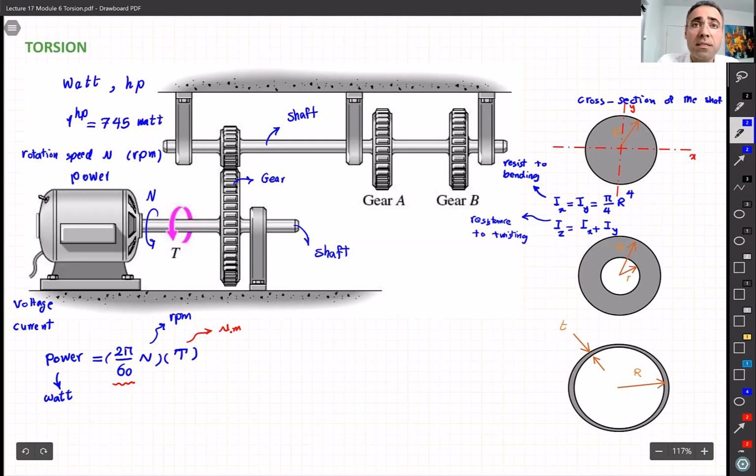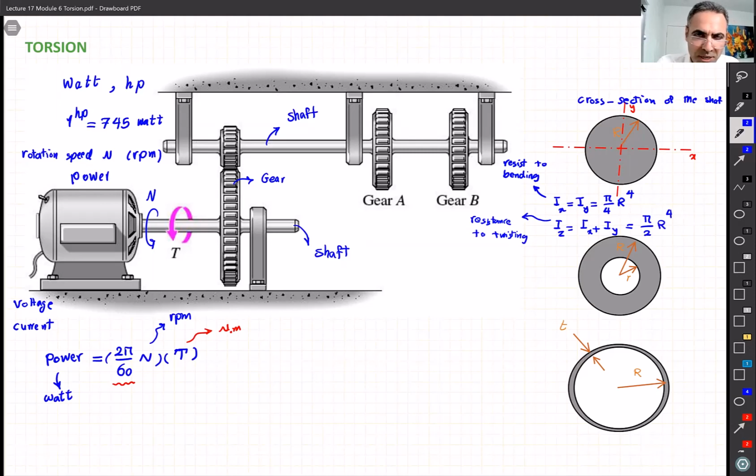Meaning that the bigger this number is, the more powerful or stronger a shaft is to resist twisting, basically. And in the example that we have, because Ix and Iy are equal, it becomes pi over 2 R^4.